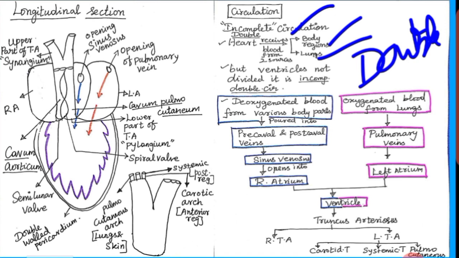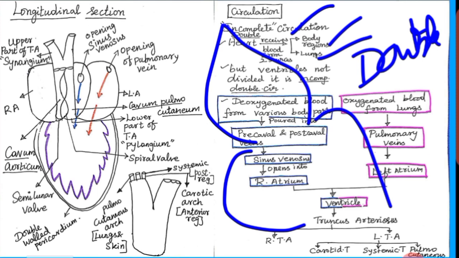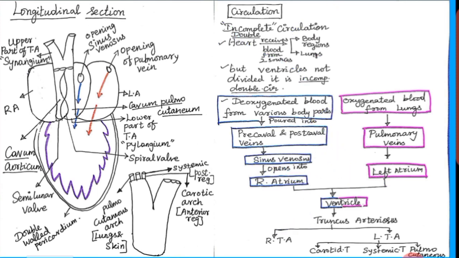One is body region, another one is lungs. So, it is considered to be a double circulation. Though it is a double circulation, the ventricle is not divided. It is incomplete, right? That's what it is, incomplete double circulation.